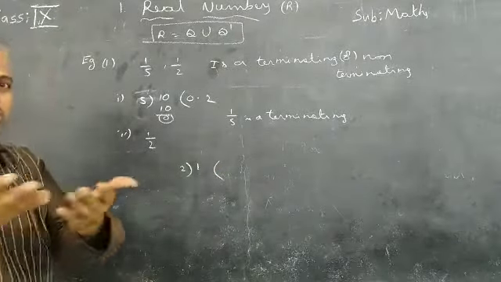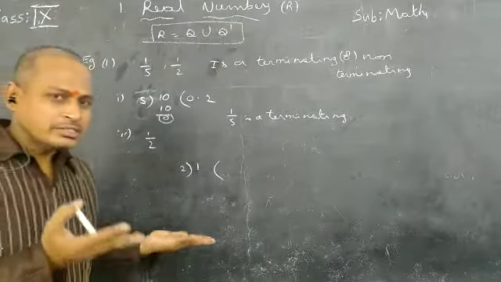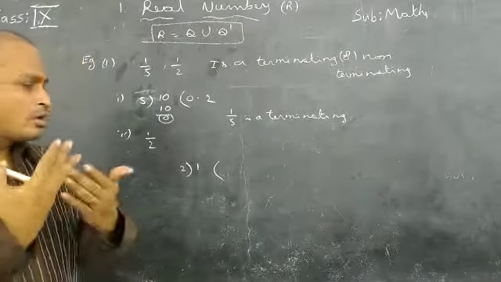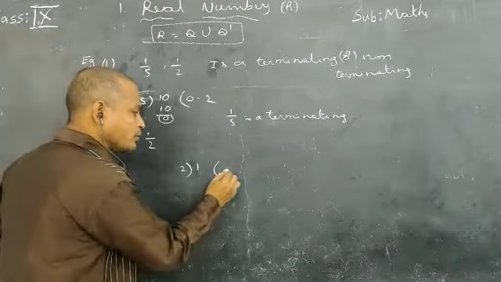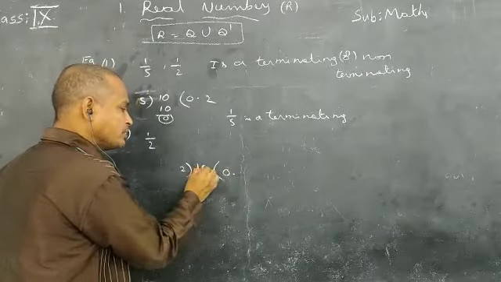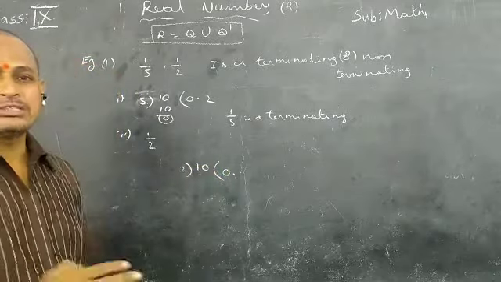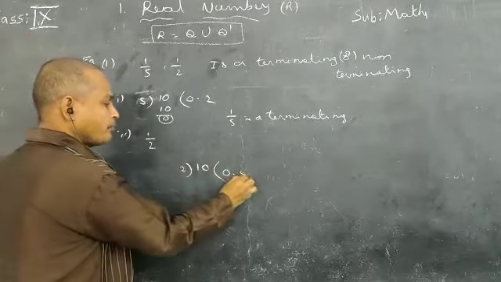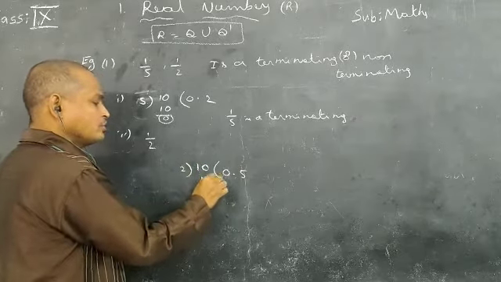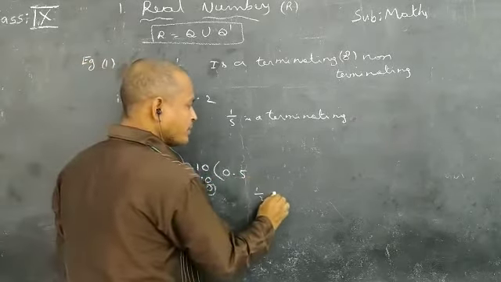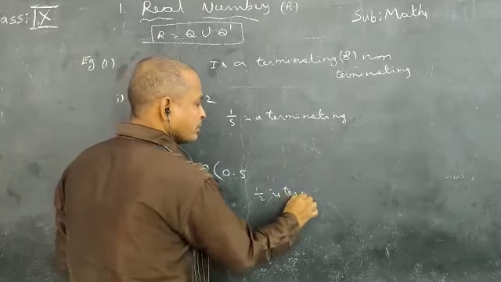Otherwise you make it 0 point, so you get 0. How many times does it cancel? 2 fives are 10. The remainder is also 0, so 1 by 2 is also terminating.